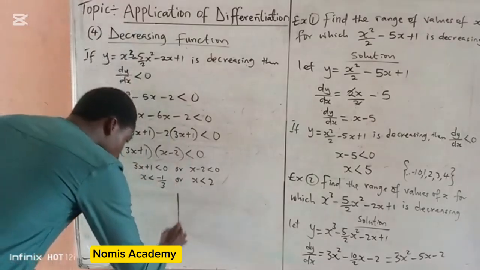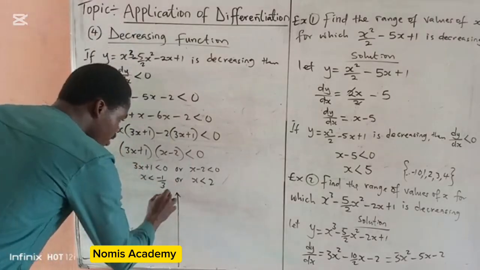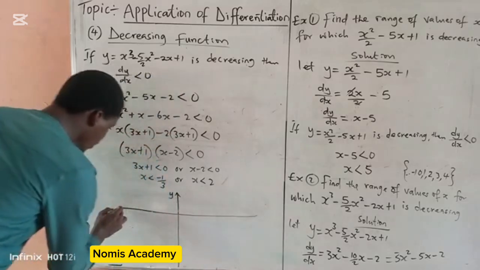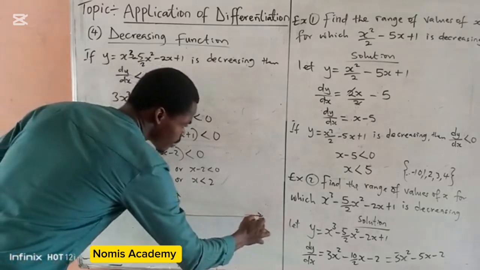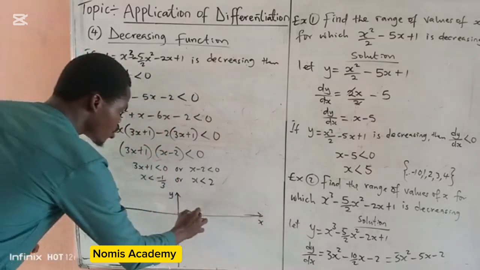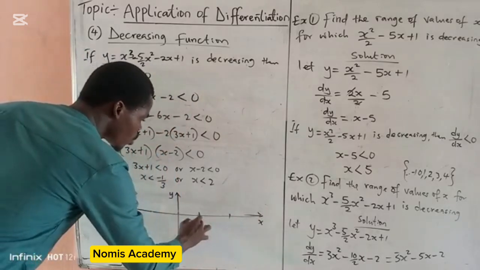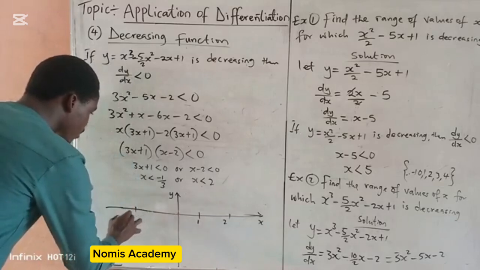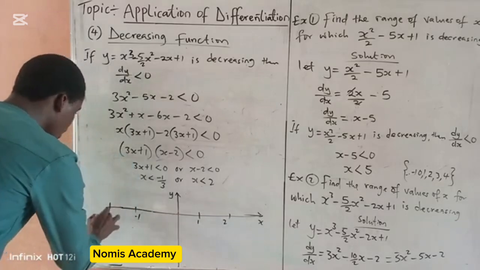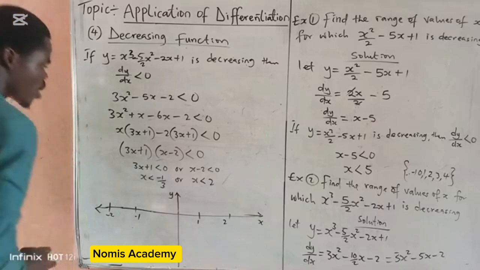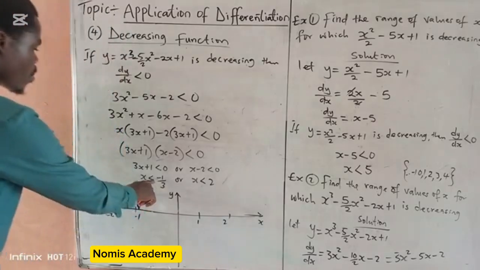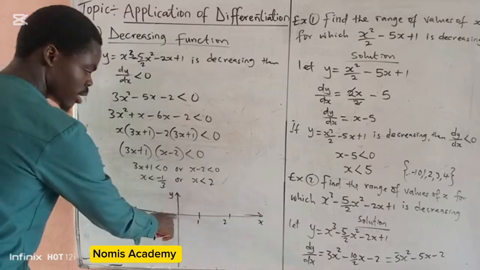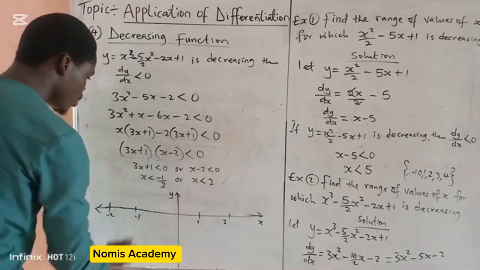Let's take here to be the y-axis, and this is the x-axis. Let's take here to be 1, and here to be 2, and somewhere here is minus 1, and here is minus 2. To find minus 1 over 3, it is somewhere in between 0 and minus 1.